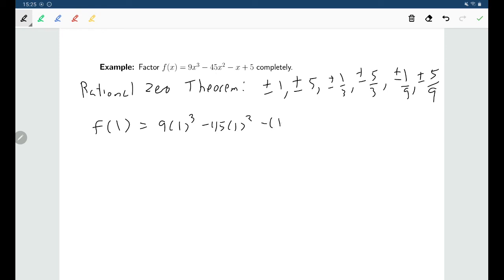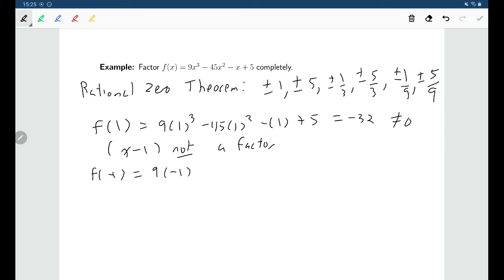And that's negative 32. That's not 0, so that means that x minus 1 is not a factor. Let's do -1, same thing, putting in -1 for x. And I got that this is also not equal to 0, so that means x plus 1 is not a factor.